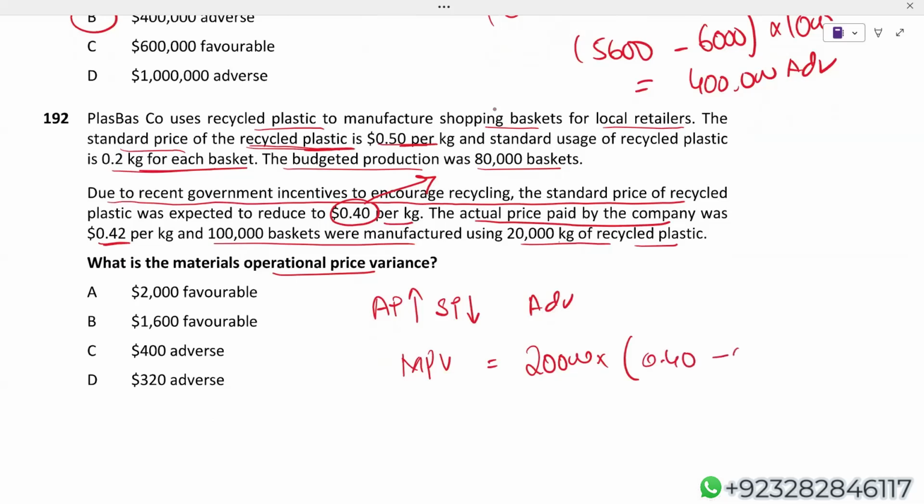We actually bought it for 0.42. So the revised standard price is lower and the actual price is more than that, so obviously the variance will be adverse. Let's see how much adverse we are getting. Students, I'm getting 400 adverse. Kindly check.